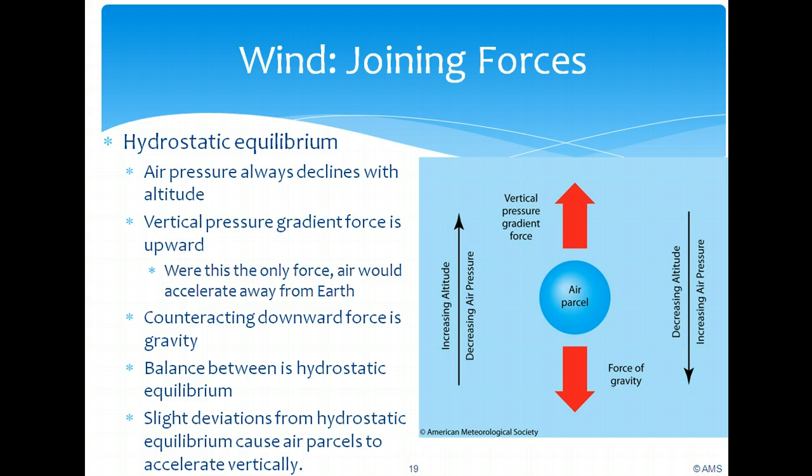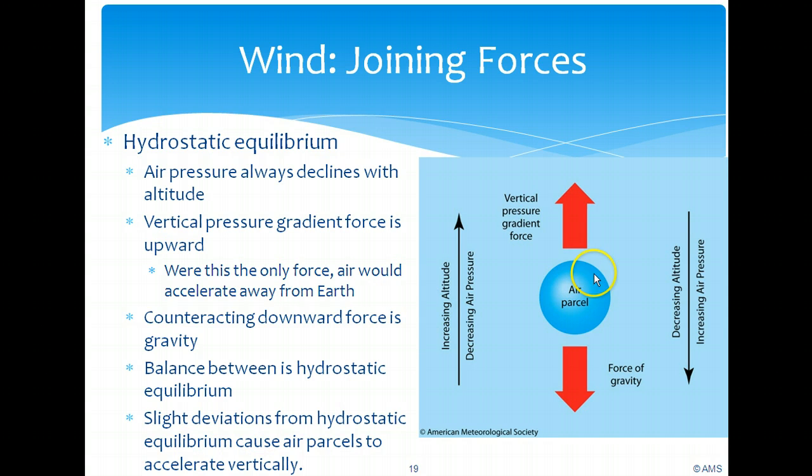In developing a realistic model of the atmosphere, as far as the motion is concerned, we will assume that the atmosphere is in a state of hydrostatic equilibrium. This assumption allows us to focus on horizontal motion of the air. We know that air pressure decreases with increasing altitude, so a vertical air pressure gradient is a permanent feature of the atmosphere.